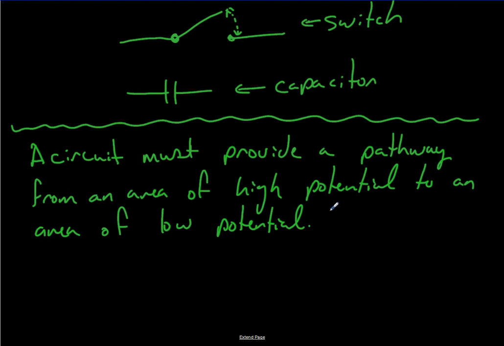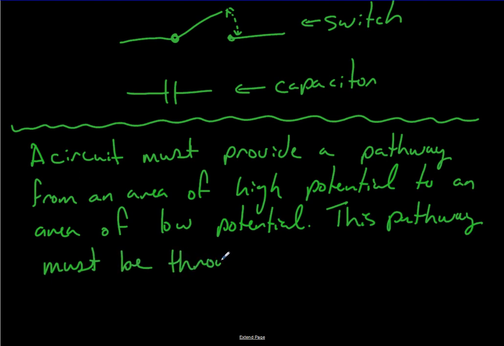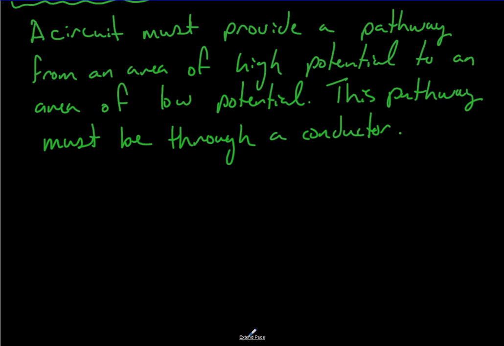Okay, so this pathway must be through a conductor. I'm not going to review what a conductor is, because I think we should already know that. Does anyone not know what I mean when I say a conductor? So what sorts of things are conductors in real life?